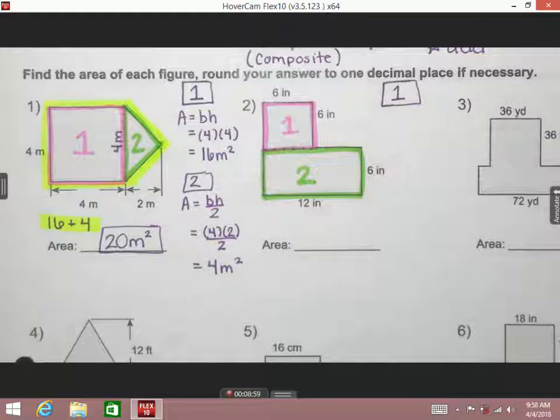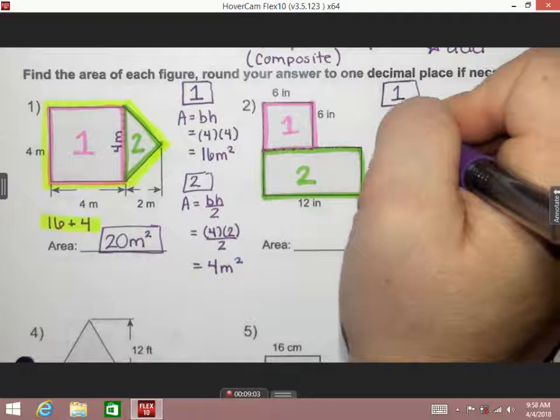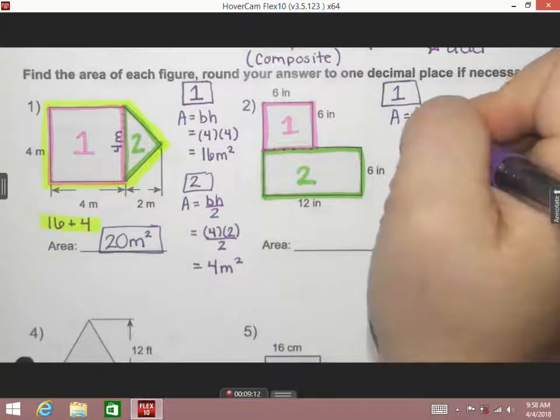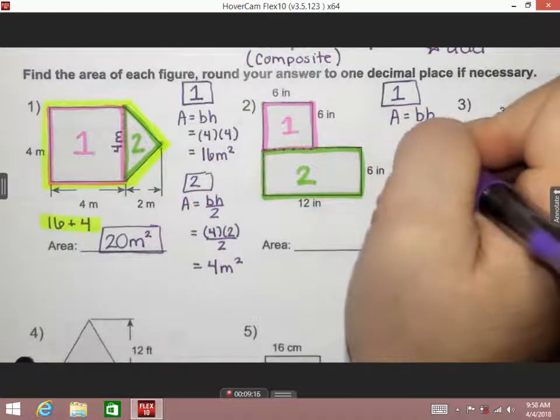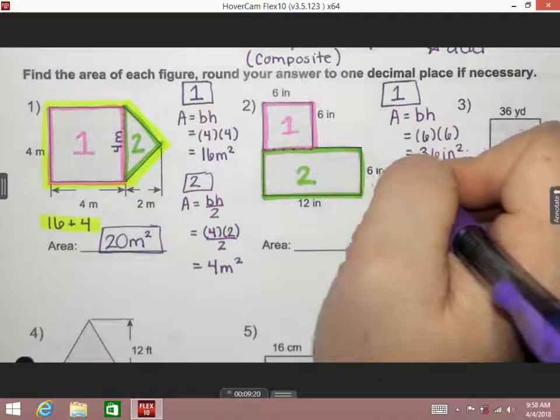Haley? Area equals base times height. All right, what is my base and height for this problem? Allie Claire? 6 and 6. 6 times 6. And so my area is 36 inches squared.